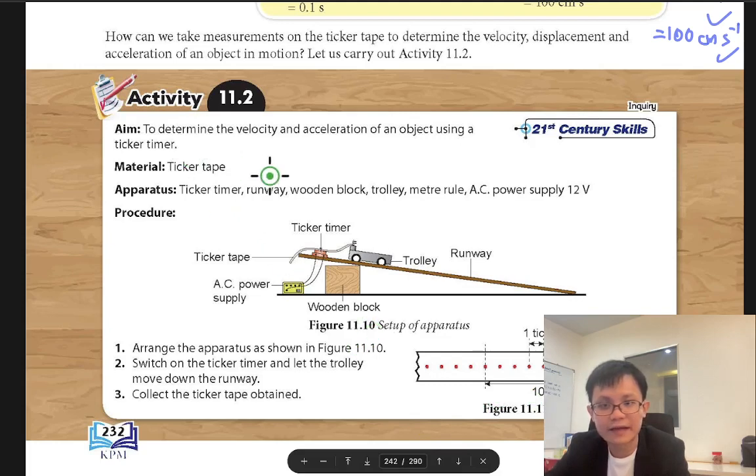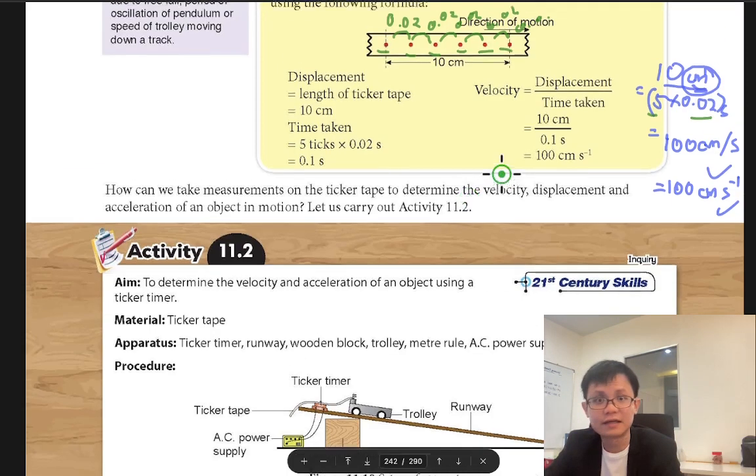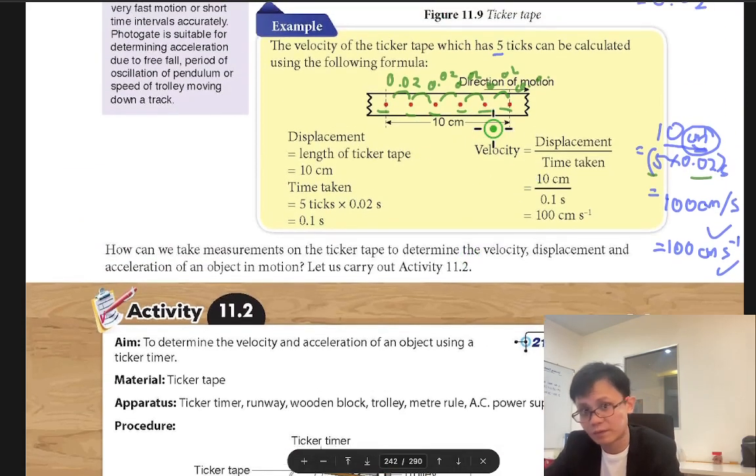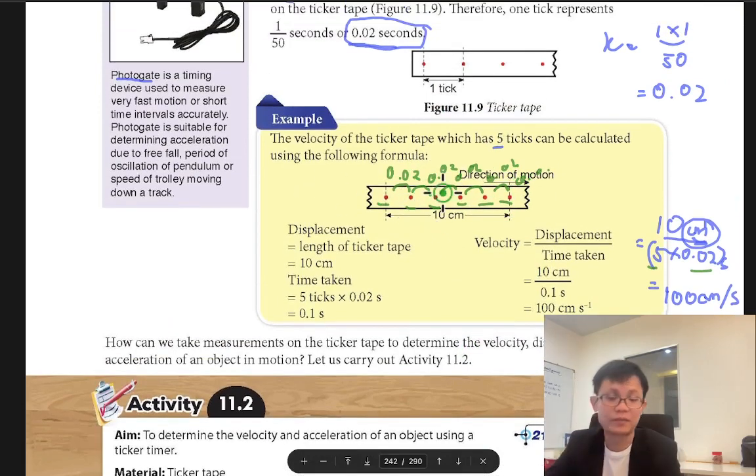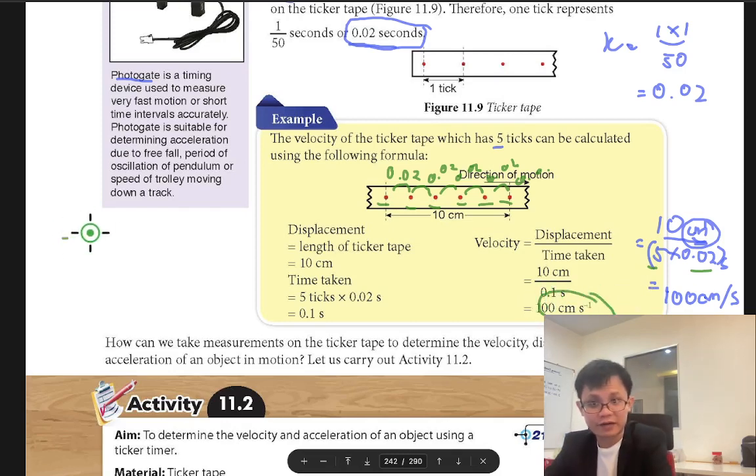So let's look at the question. Now you know how to calculate the speed by using a ticker tape. If you cut the paper, you can get that this one is 100 cm per second. So you can calculate the speed for the trolley, and now you can calculate the acceleration.